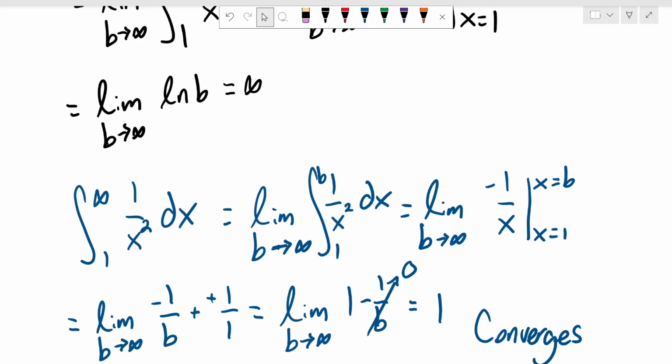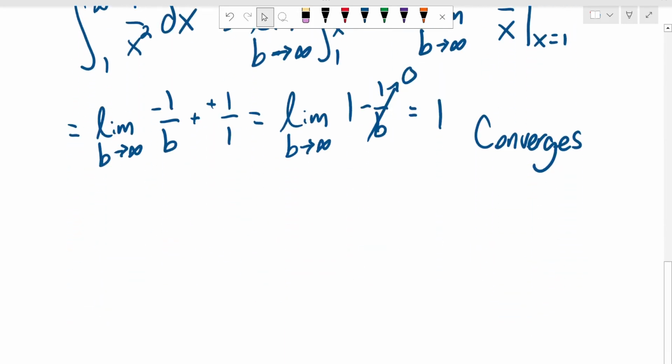So before we go on to more examples, I do want to mention why this idea is very important. This comes up in probability and statistics all the time because we're working with probability distributions, which might be defined on an infinite domain, right? Namely, something like the normal distribution, for example. The normal distribution, the bell curve, is defined from negative infinity to infinity, right?